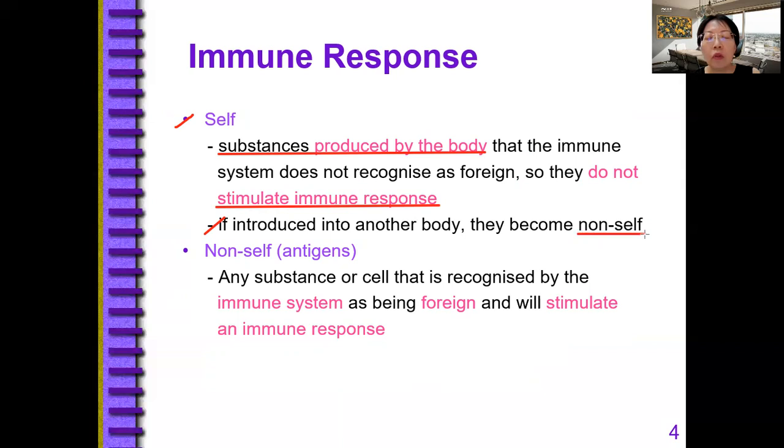So something produced in our body is called self, but when it goes into the body of another person, it will be considered as non-self. Okay. Non-self antigens are any substances or cells that are recognized by the immune system as being foreign. Therefore, it will stimulate our immune response.